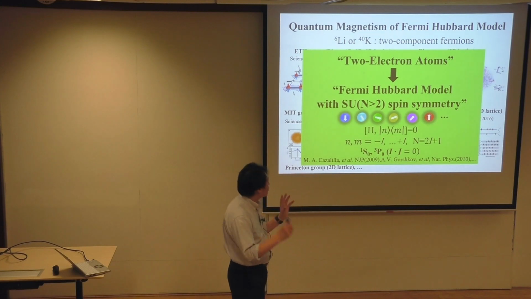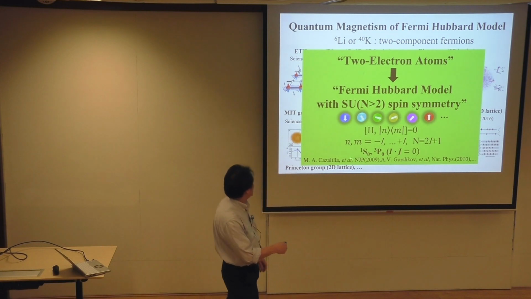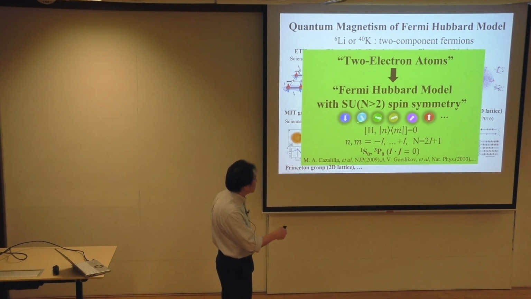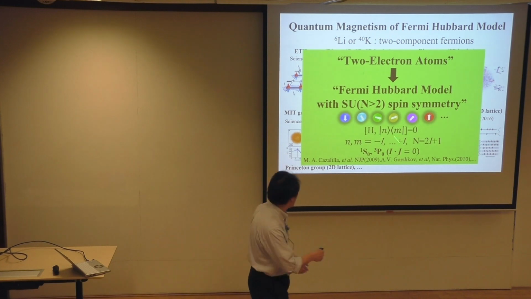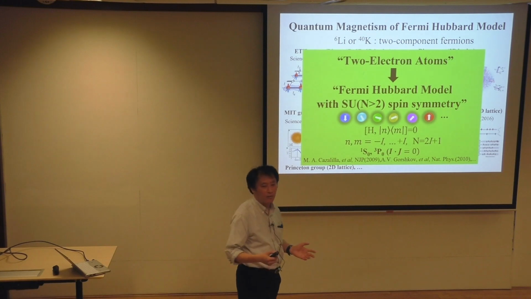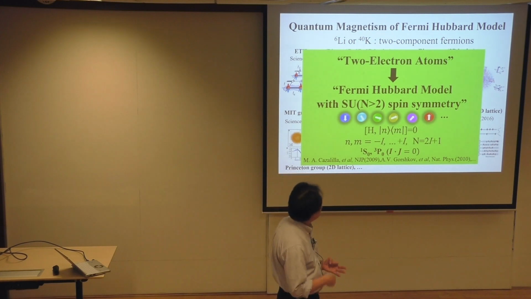Nuclear spin degrees of freedom are decoupled from the electron angular momentum in the ground state singlet 1S0 or the metastable state triplet 3P0, J equals 0 in these states. So with this system, we can study a more exotic Fermi Hubbard model.